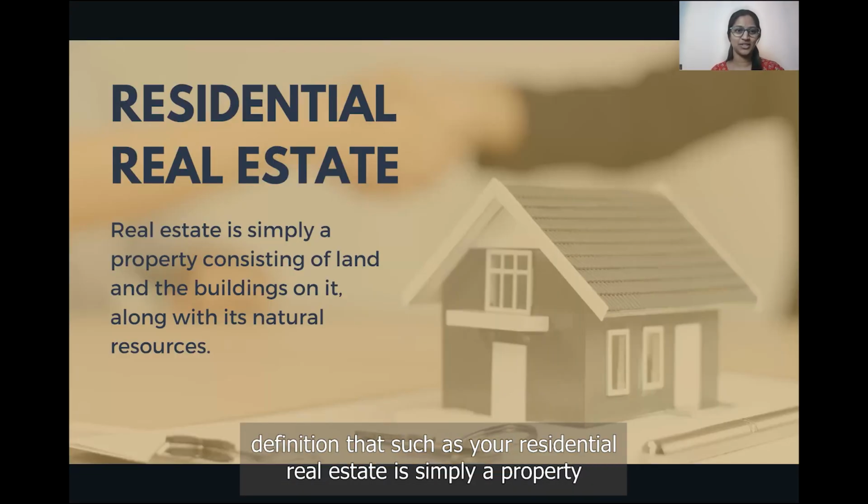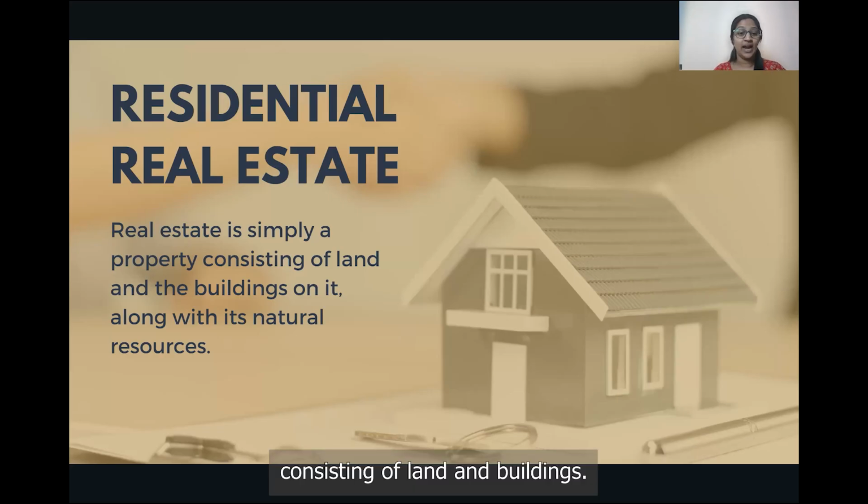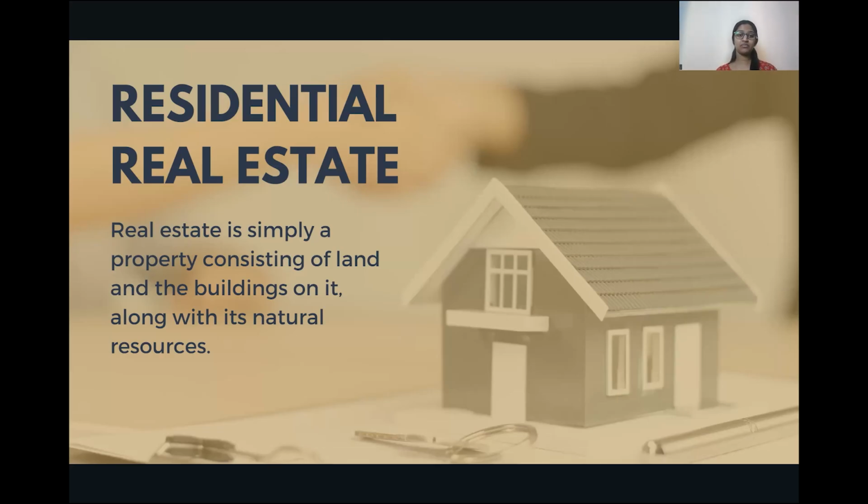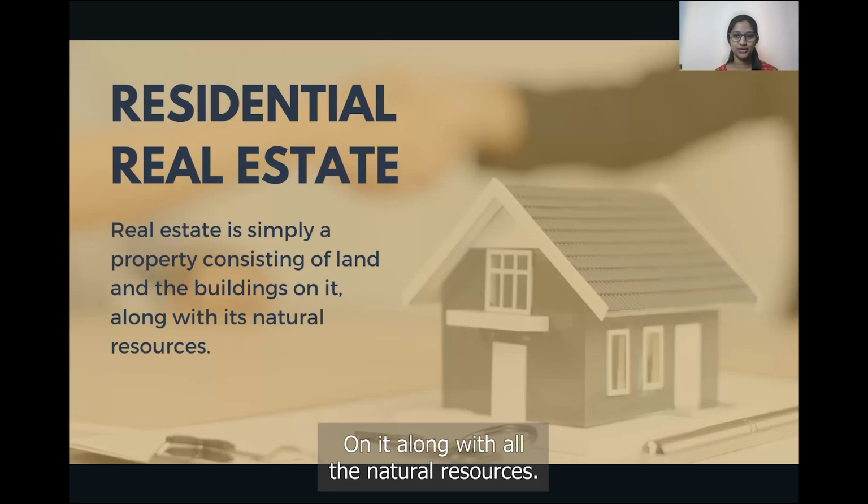As the definition suggests over here, residential real estate is simply a property consisting of land and buildings on it, along with all the natural resources.